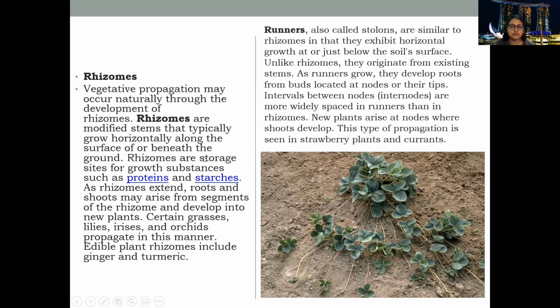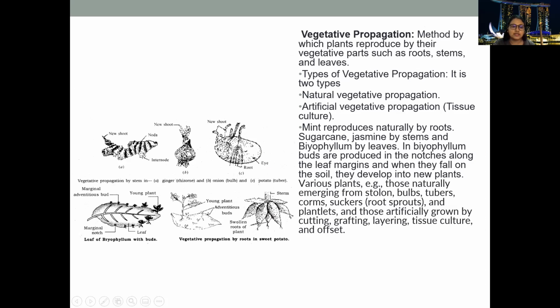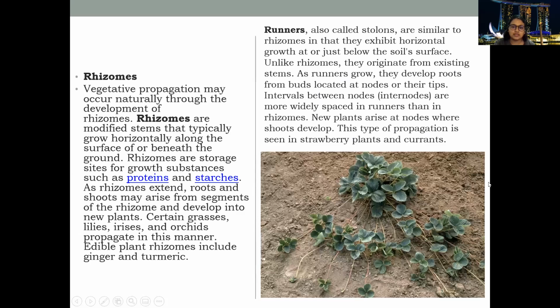In case of rhizomes, the internode length is very small; in case of runners, the internode length is very big. New plants will arise at the node region where shoots develop. This type of propagation is seen in strawberry plant and currants. The main important thing here is the name of the plant and how this is happening.